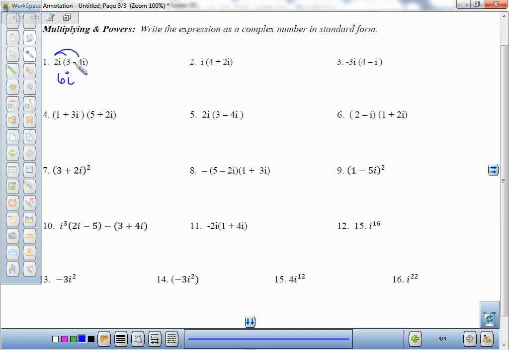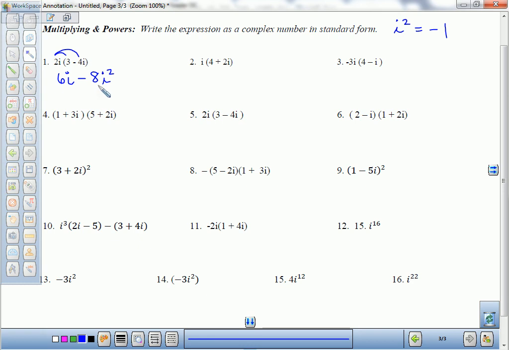And then 2i times a negative 4i. That's going to be negative 8. Wouldn't it be i squared? So it will be negative 8 i squared, positive 8? Okay, you are right. Because we talked about just a second ago that i squared is the same as negative 1.